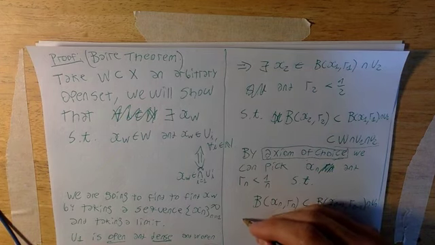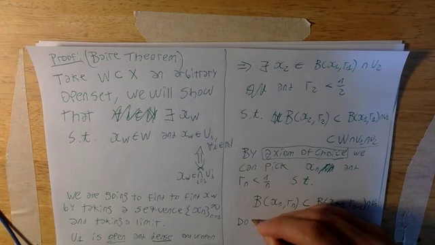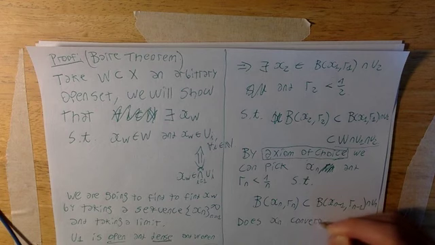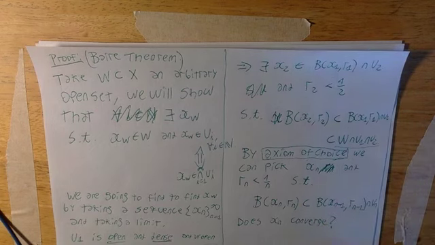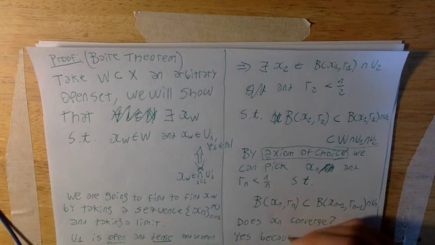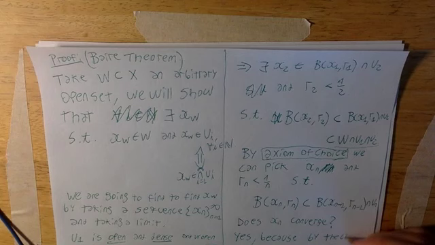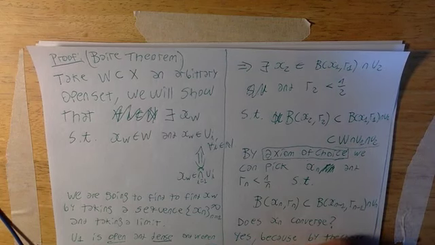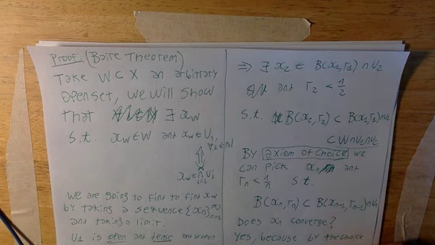So the question is, does xn converge? And the answer is yes, because by the choice of Rn less than 1 over n implies xn is a Cauchy sequence.